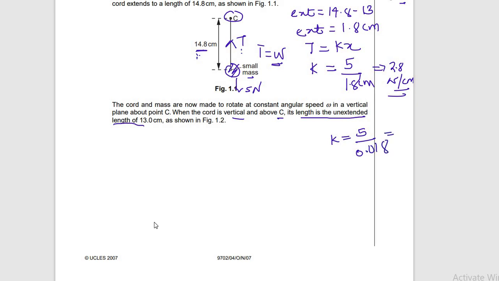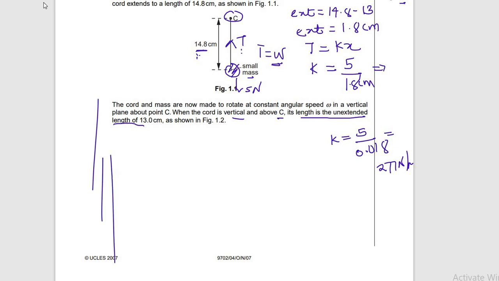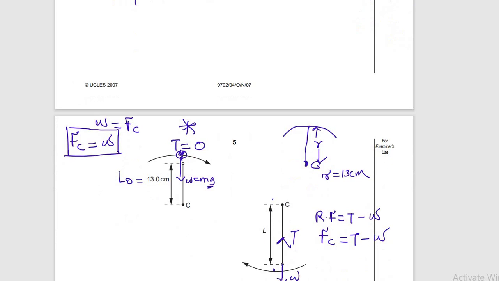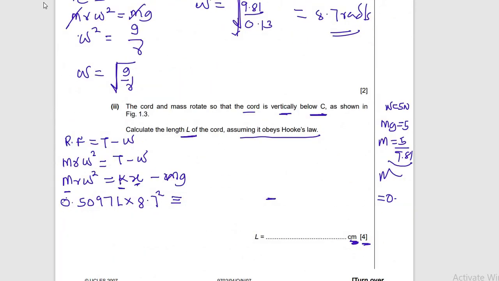So my k will be 277 Newton per meter. Let me convert it. So my k is 277 Newton per meter. Let's put it there: k is 277.